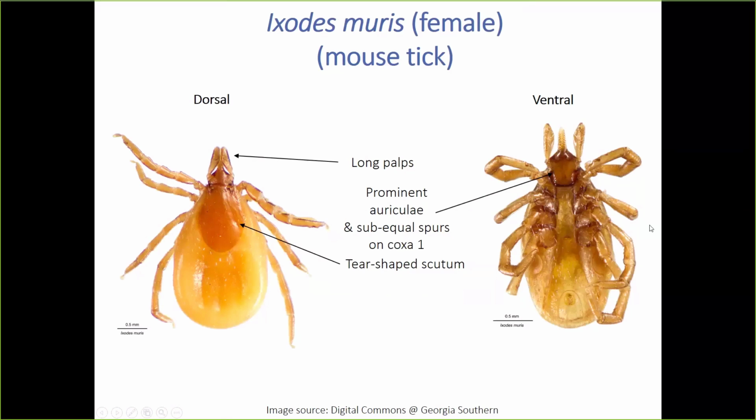These point straight back and look very much like a nymphal scapularis, but you look for the genital aperture, you know it's a female. And the other thing that's diagnostic to me is the shape of the internal and external spurs. They're almost sub-equal. So I see this tick, I see the elongated scutum, I see these interesting little auriculae and these bifurcated internal and external spurs, and boom, that's a mouse tick.